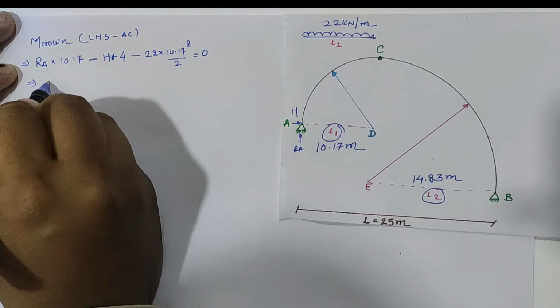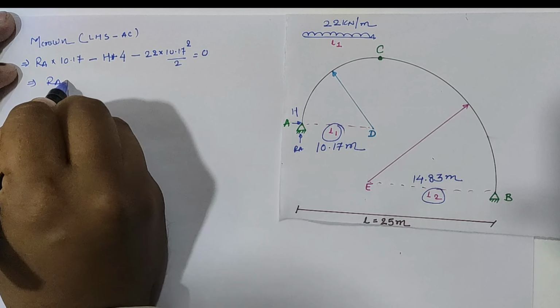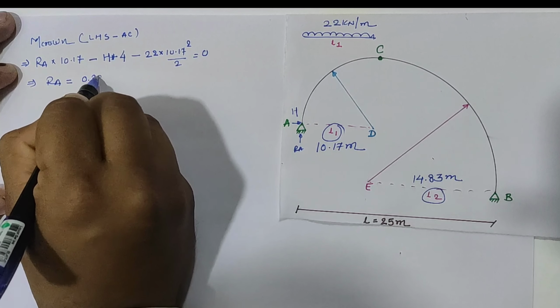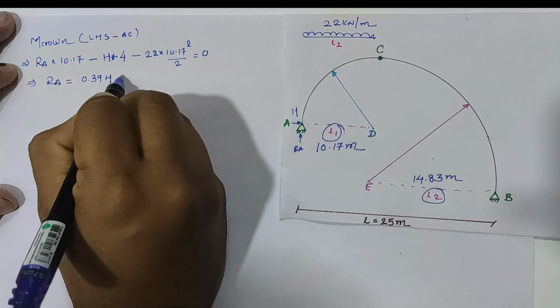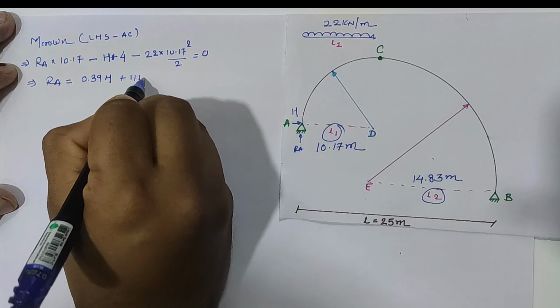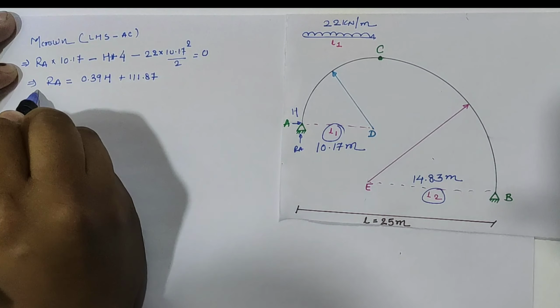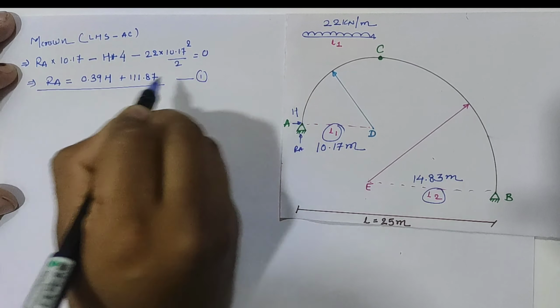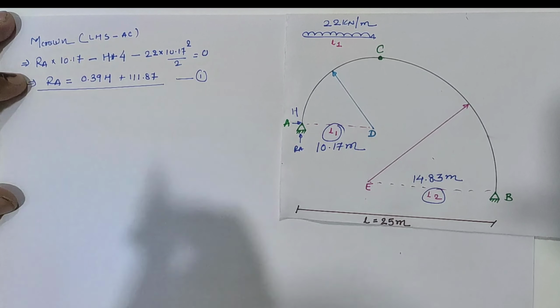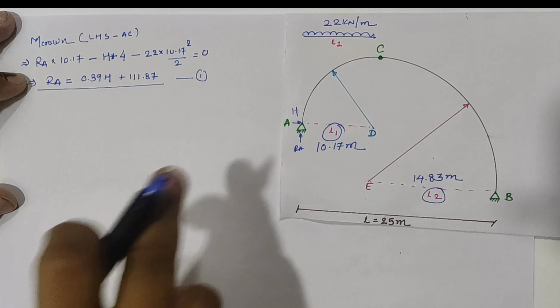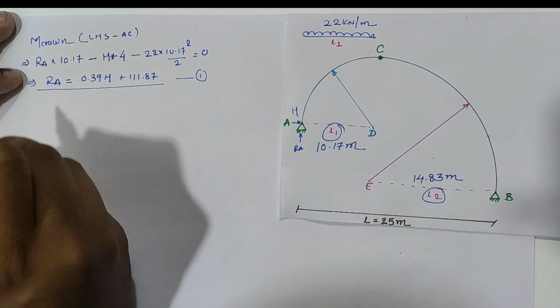Hence our RA value is equal to 0.39 into H plus 111.87. So equation number 1 gives RA in terms of the horizontal thrust at support A.